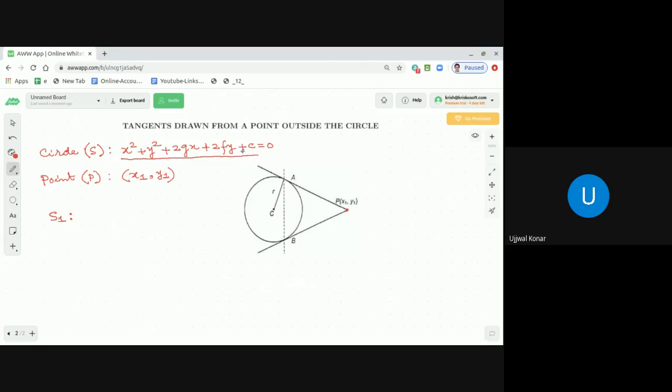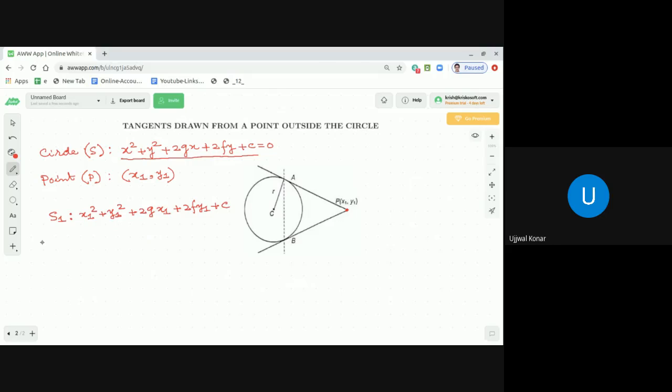And in that expression, just replace x by x1 and y by y1. So what expression do you get? It is x1 square plus y1 square plus 2 into g into x1 plus 2 into f into y1 plus c. Correct? That is S1.